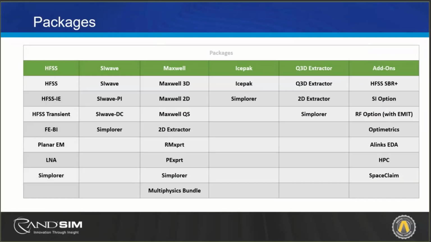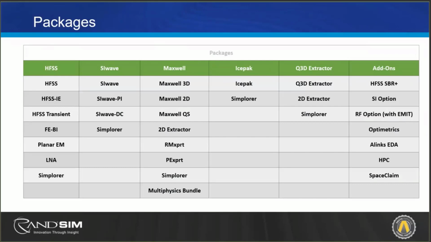And the nice thing about the HPCs now is they've moved and unified them at Ansys, so now they're all Ansys HPCs. If I have an HPC, I can use it for HFSS, I can use it for Fluent, I can use it for mechanical, and it's all that HPC.